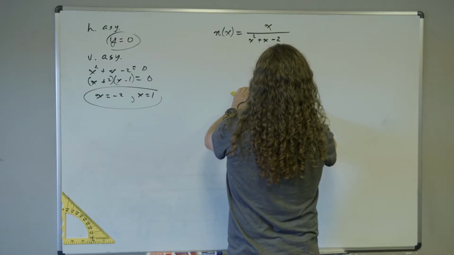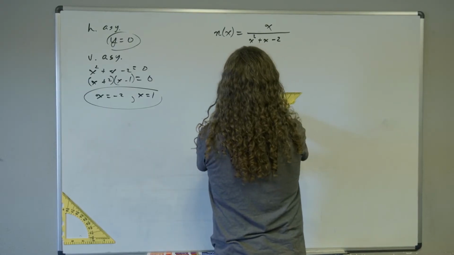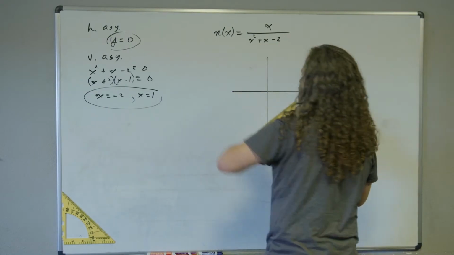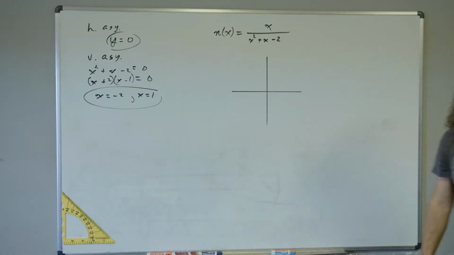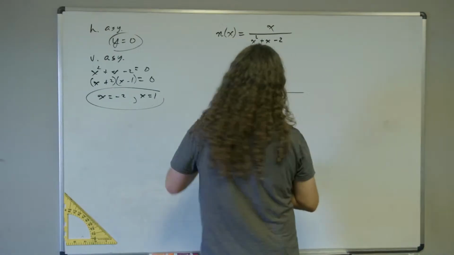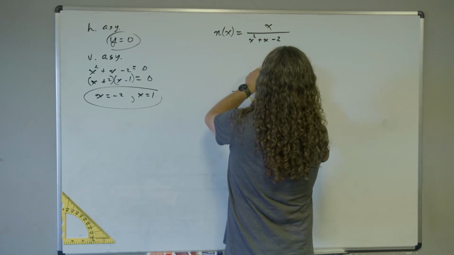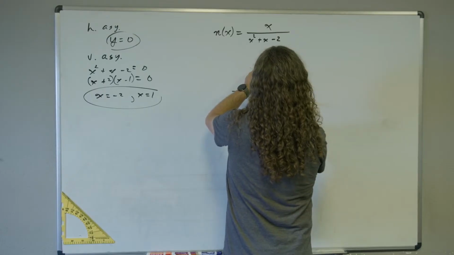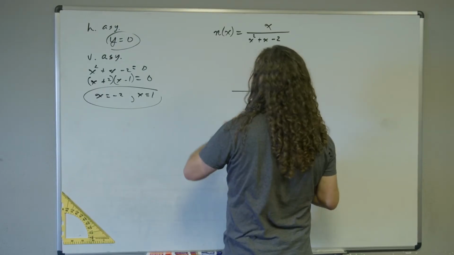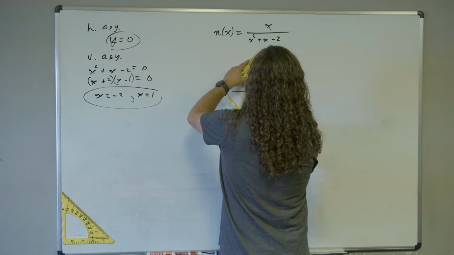So what are we going to do to graph it? Shove it in our calculator? No, don't touch your calculator yet. Use your brain first. We have to know that there are asymptotes in different places, so we can dot in the asymptotes. We're going to dot in one right here, and one at -2.